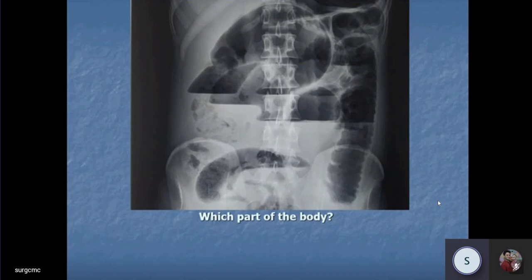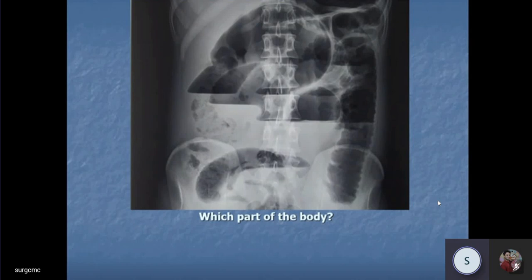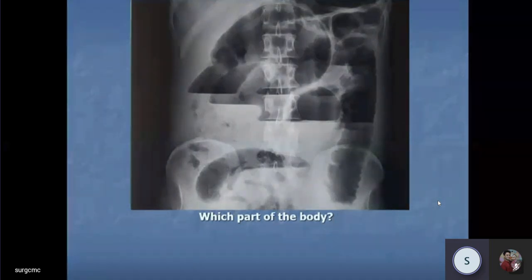Now if you are asked a question in the exam that you suspect a patient in the emergency to be a case of peptic perforation, and you are allowed to do one X-ray because there are very few X-rays available in the emergency, what X-ray are you going to advise? Chest X-ray, PA view. Exactly, that should be the answer. It should be a chest X-ray PA view only, including both domes of the diaphragm, so that you can see if something is there below the diaphragm or not.